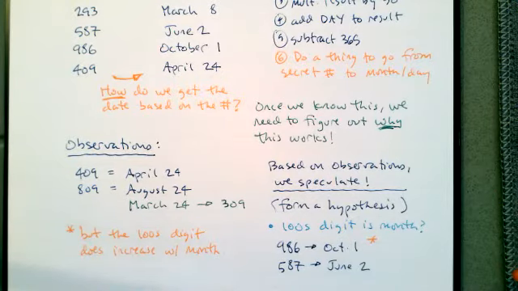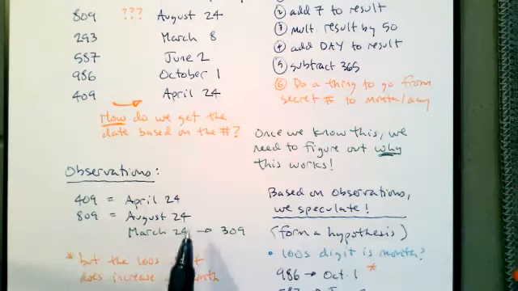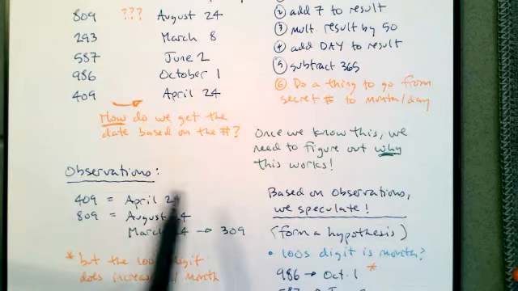There's a 2 in the hundreds digit and it gave us March. But the hundreds digit does increase with the month. So there's an observation that we can make. Based on the original 3, 409 is April 24, 809 is August 24, 309 is March 24. What's another observation we can make?